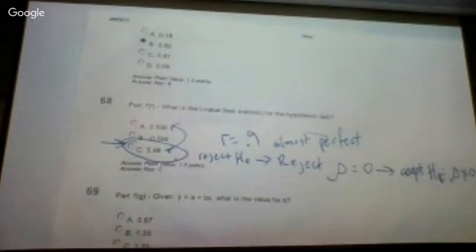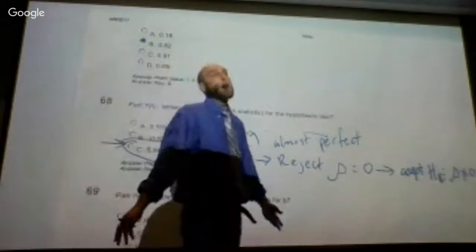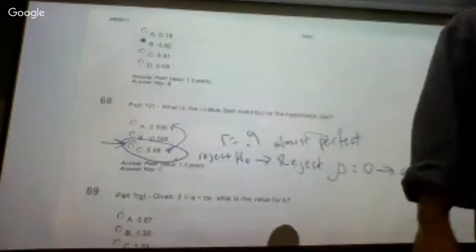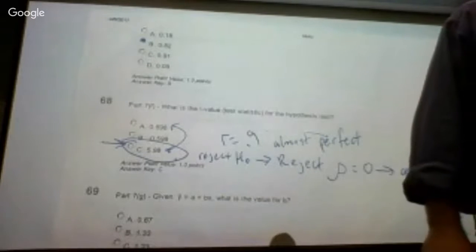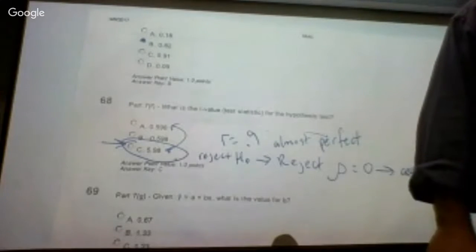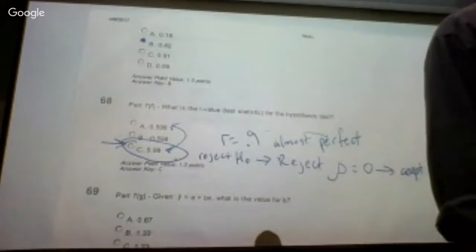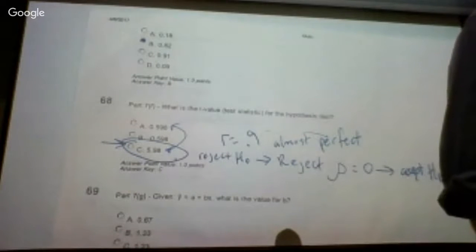All right. I mean, you may be asked sometime in the future how much evidence you would expect to reject the null if you had a large test statistic. If you had a very large test statistic, would you have some evidence, strong evidence, weak evidence, no evidence? Is a large test statistic evidence to reject the null?